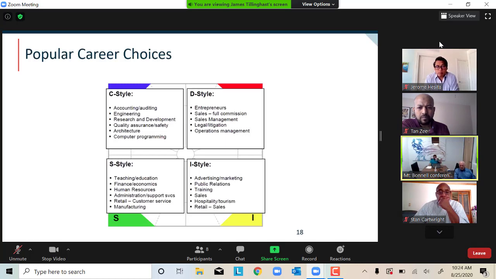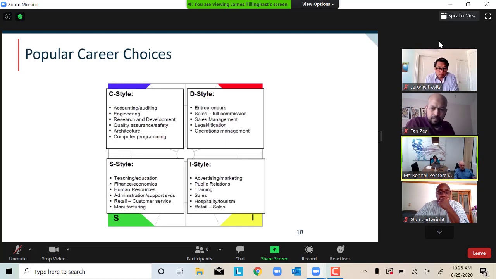The S style is going to be great middle managers. They're going to be great in organized, process-driven, compliance-driven disciplines, such as human resources, such as any administrative process where there are rules and processes to be followed. They're great teachers. They're great working with financial numbers, great working with people.